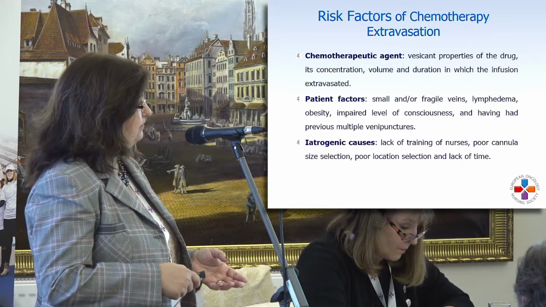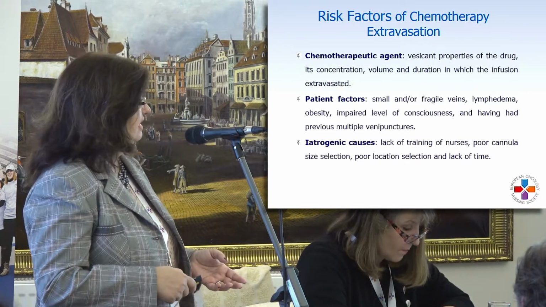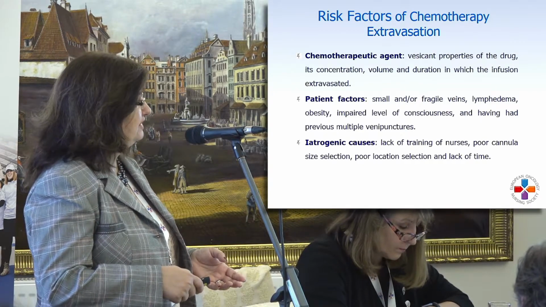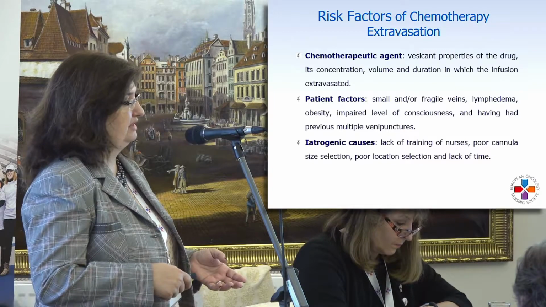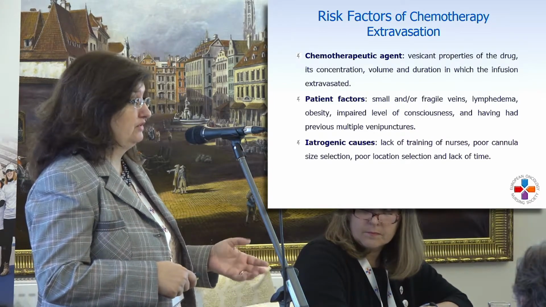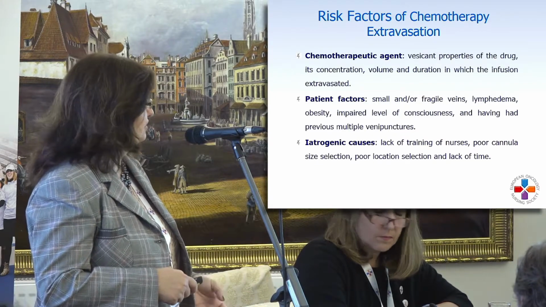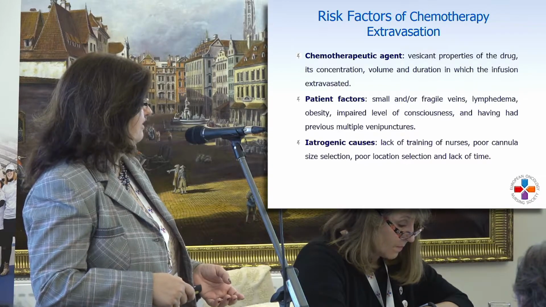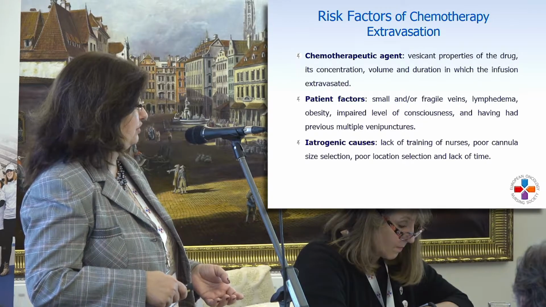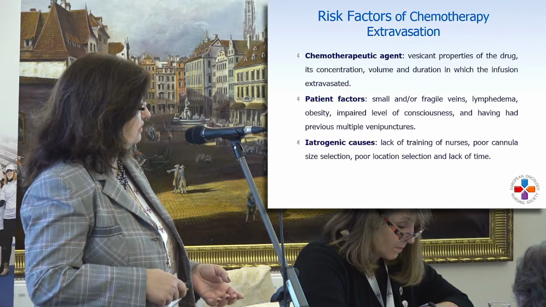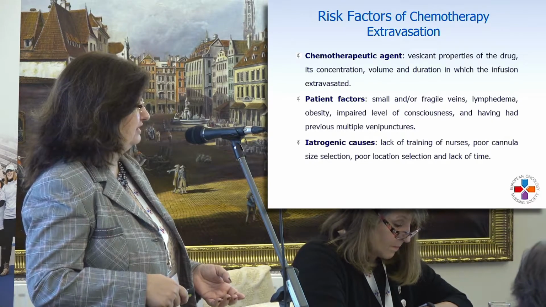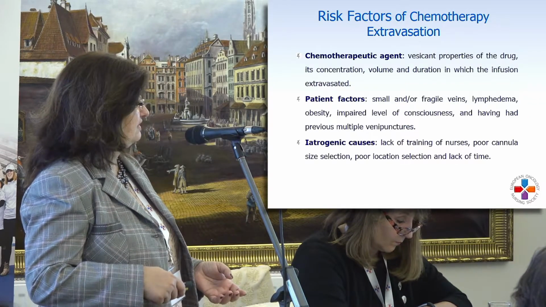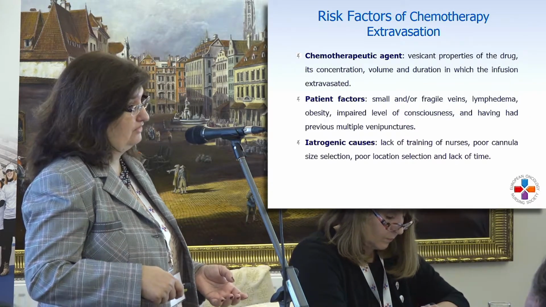Related to the patient factors: age, small or fragile veins, lymphedema, obesity, because an obese person is more difficult to venipuncture, impaired level of consciousness, and having previous multiple vein punctures. Iatrogenic causes are lack of training of nurses, poor cannula size selection, poor location selection, and lack of time.